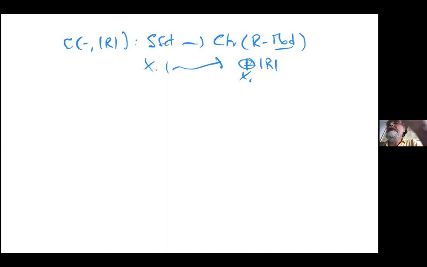if R is a field, you see what I mean, because these hieratic R modules are the usual R modules. Otherwise, this is giving a simplicial set, and then the simplicial set that you convert into a chain complex. So this is the chain complex given by the simplicial object.